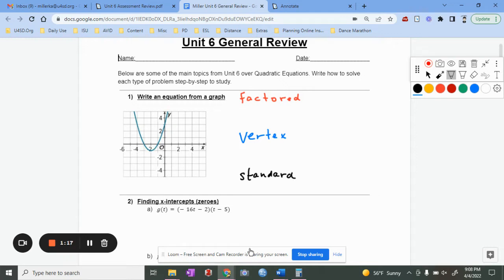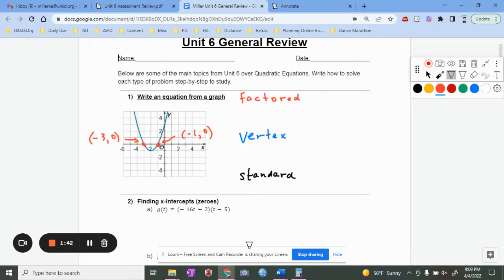Okay, our factored form, we're going to find our x-intercepts and look at what those points are. So this one is between -2 and -4. So that is -3, 0. And this one is at -1, 0.